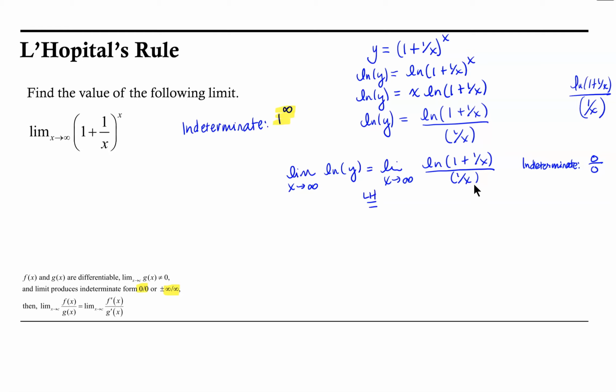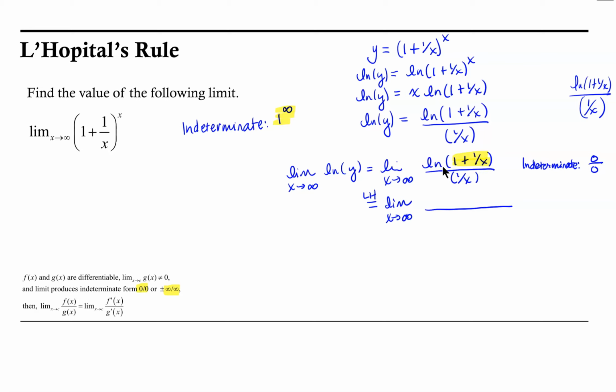So applying L'Hopital's rule here, we end up with the limit as x approaches infinity. Then we want the derivative of our numerator. Well, we have the natural log of an argument. We have the natural log of 1 plus 1 over x.